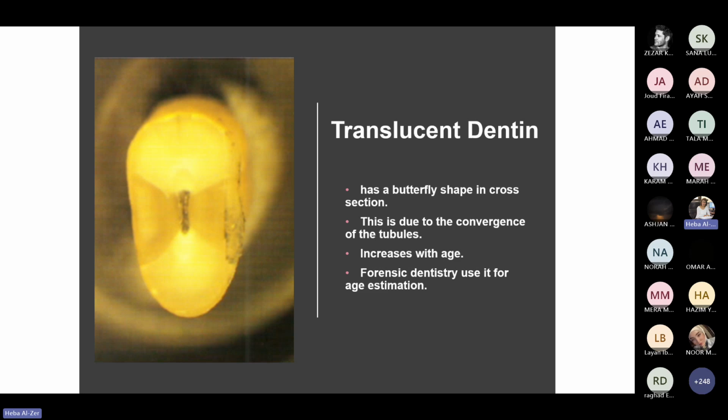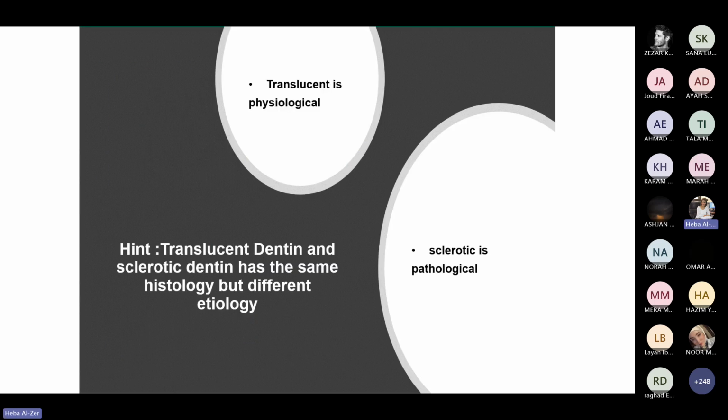In cross section, this translucent dentine looks like a butterfly because, as you know, the surface area is more toward the surface. So the tubules converge like this inside the tooth. This is the butterfly shape of the translucent dentine. This is going to be discussed at the end of this lecture again, but I had to mention it here. Remember that translucent dentine is physiological.